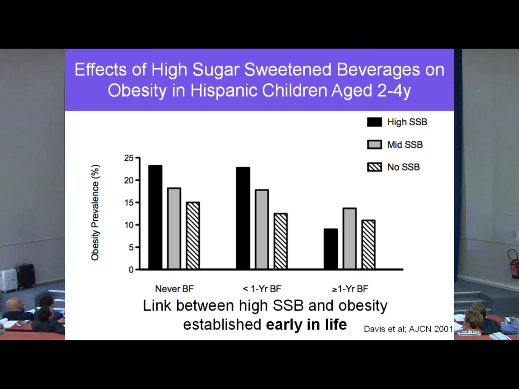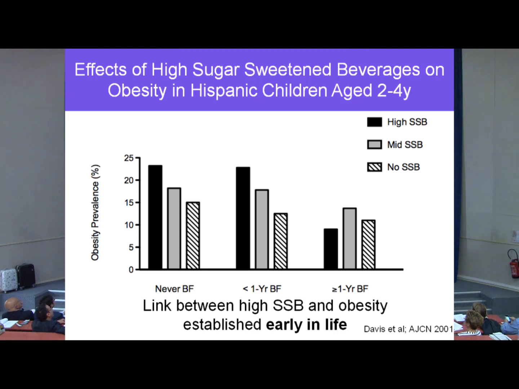If you look at those relationships in children who were breastfed for 1 year or less, you can see a very similar, if not identical, pattern of relationship. There's still a very clear association with sugary beverage consumption, and there's no protection from breastfeeding regardless of sugar-sweetened beverage consumption.